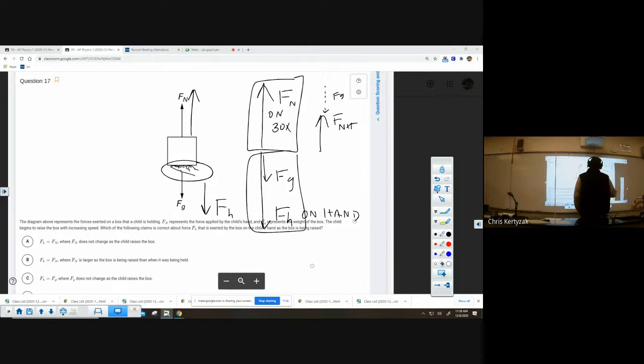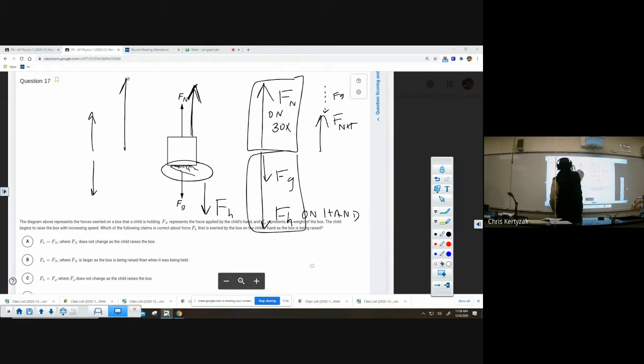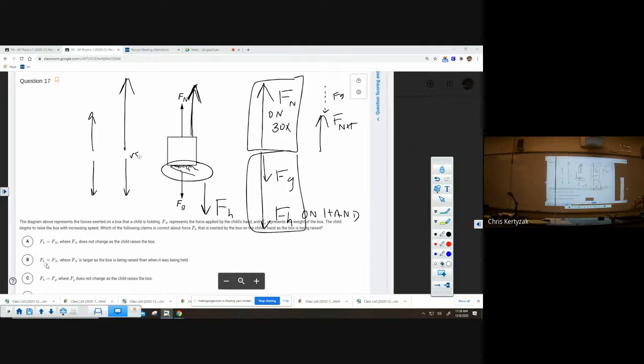However, when he starts to accelerate it upward, this upward normal force will increase. Originally, if they're balanced, it's just sitting there. As soon as this increases, there's now an upward net force, and it will accelerate upward. So our answer has to incorporate the idea that the force that the hand feels would be equal to Fn, which A and B both state: Fh equals Fn.